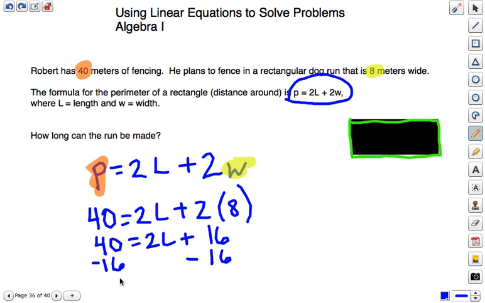We're trying to solve for L here. So 40 minus 16 is 24. So 24 equals 2L. Okay, we're solving for L, so divide by 2 on both sides, and this is going to give us our length, which is 12.